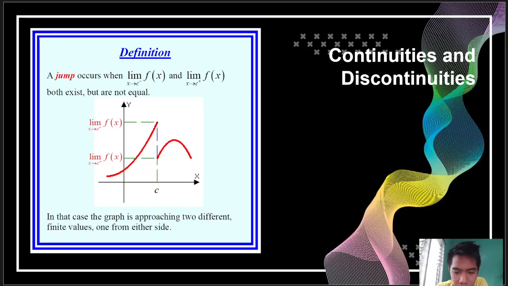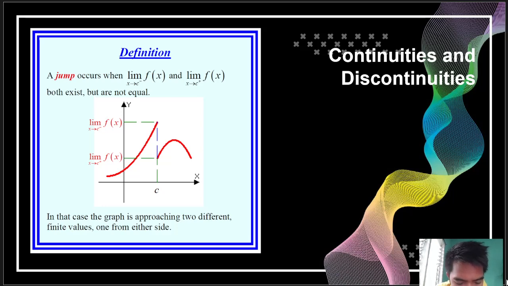We have also the jump, which occurs when the limit of f of x as x approaches c from the left and the limit as x approaches c from the right both exist but are not equal. This graph is called a piecewise function.